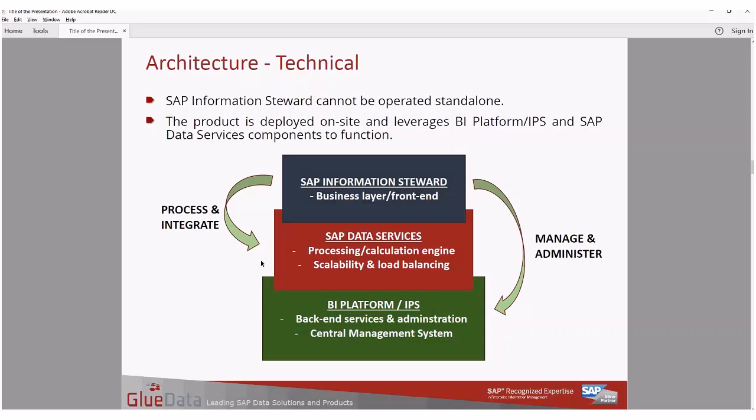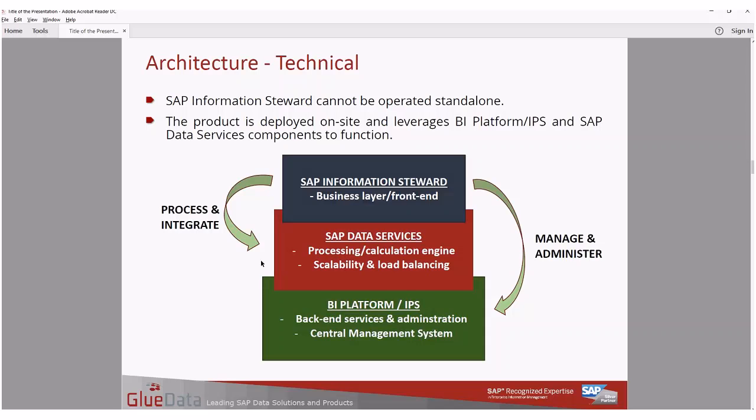Now that's quite different to Information Steward, which provides this metadata and visibility layer on top of that. In Information Steward, the business can define rules and assign or identify a data set they wish to apply the rules to, and that becomes a task which is then submitted to the data services engine, and data services executes those calculations and does the processing.